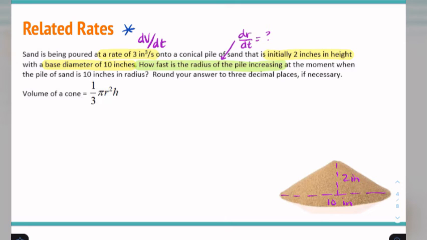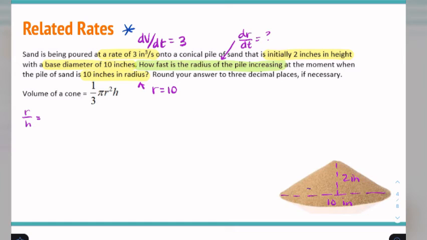At the moment when the pile of sand is 10 inches in radius, I know that r is going to be equal to 10. So let's plug in what we know. I know that r over h is always going to be the same.